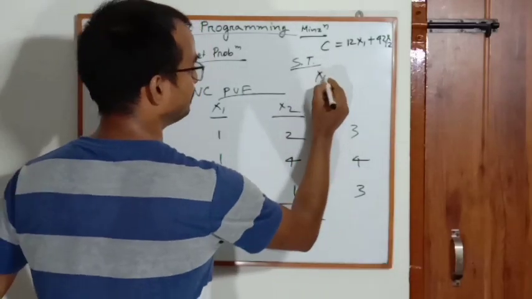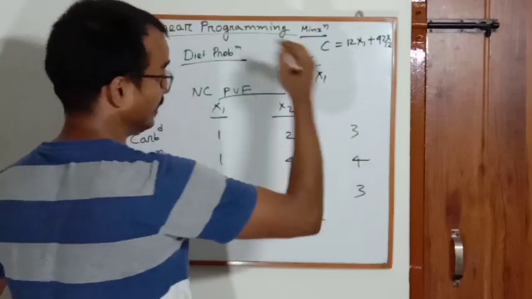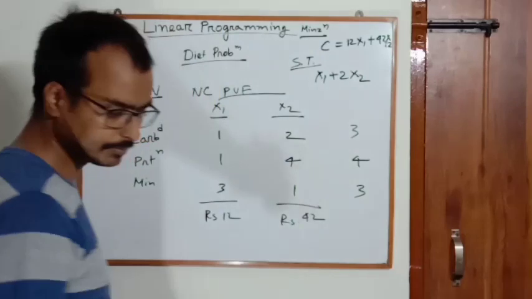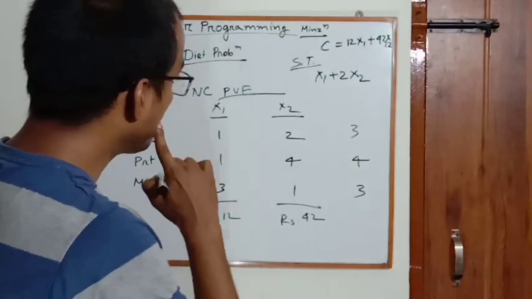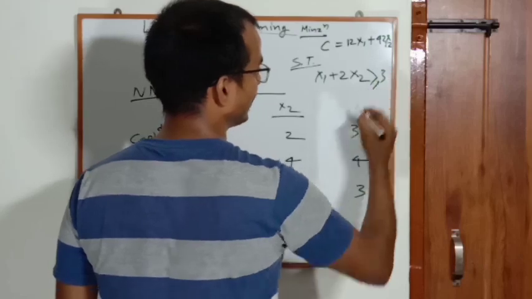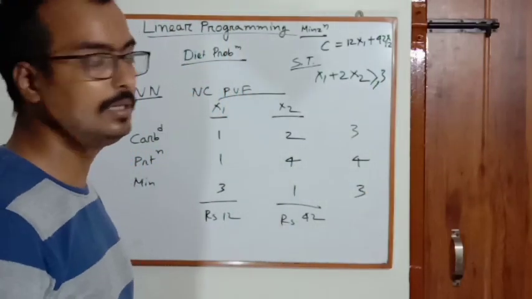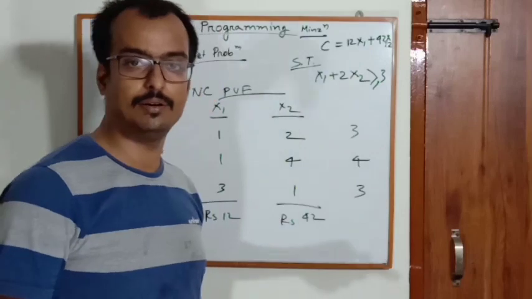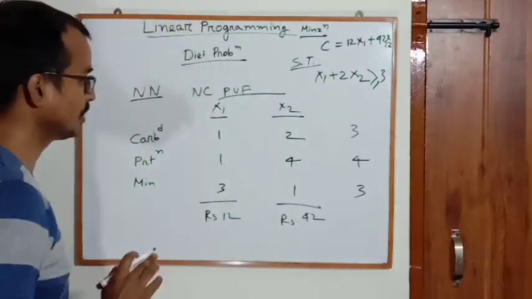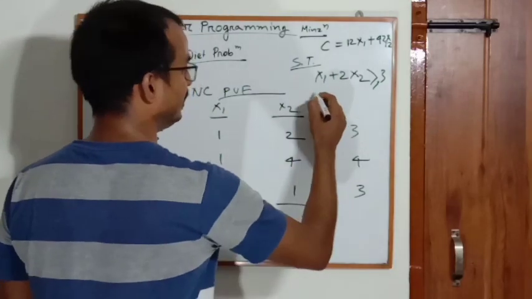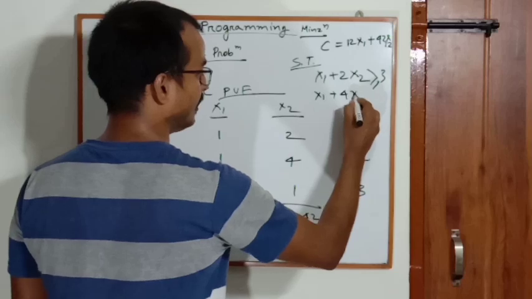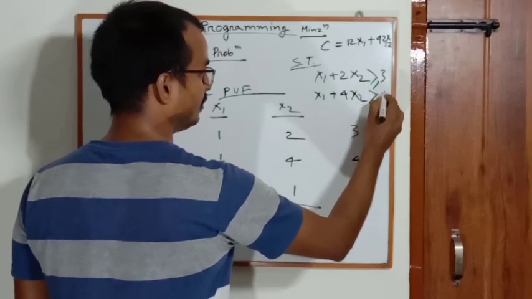So this will be x1 plus 2x2 greater than or equal to 3 calories. What does it mean? You have to give 3 or 4 or 5 or 6 or 7. You cannot give 2. So this is the first constraint. And the second constraint is again x1 plus 4x2 greater than or equal to 4.